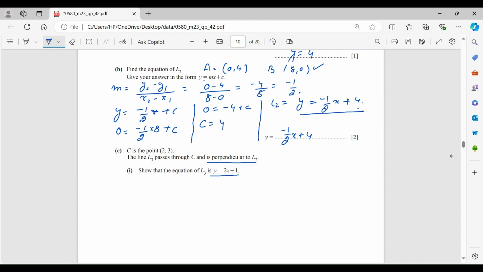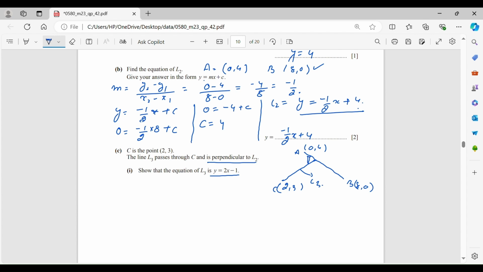Suppose this is A, this is B, A is 0, 4 and B is 8, 0, and one point is there, C, which is 2 and 3, right? And this is perpendicular to this, right? We have to find the equation of this L3. This is L3, right?